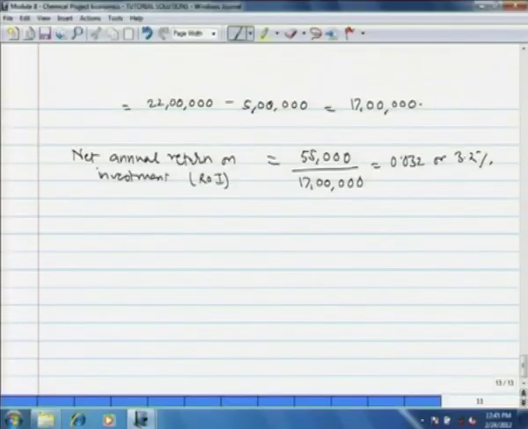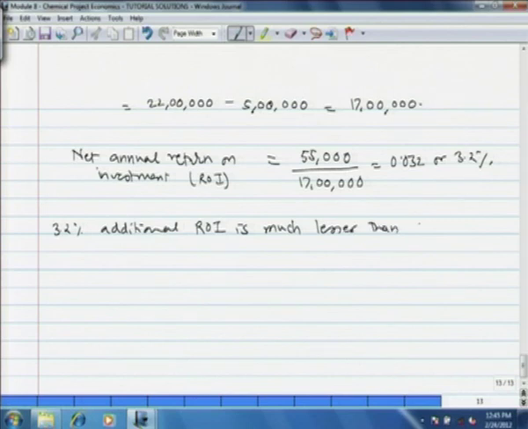So, the replacement should not be made. So, that point you note, 3.2% additional return on investment is much lesser than company's expectation of 15%, and therefore, it is not worth to replace the reactor.